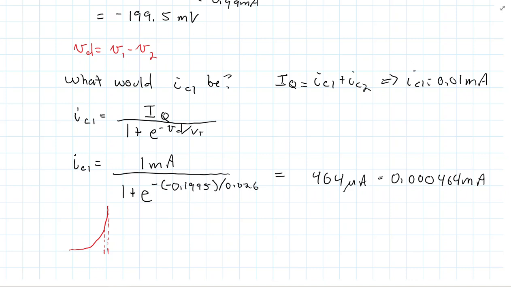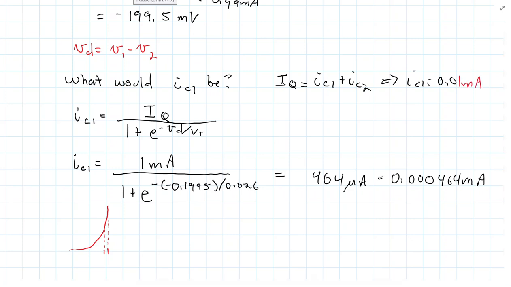And actually I think I have that conversion wrong there. No, that's right. What I have wrong here is that this should not be 0.01 milliamps, should it? No, that is.